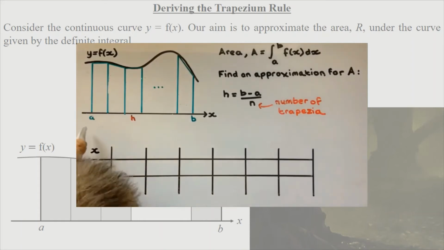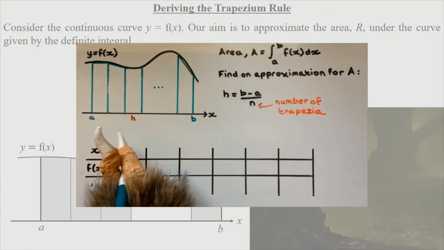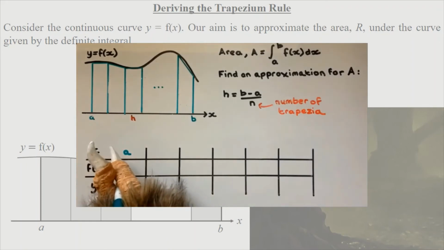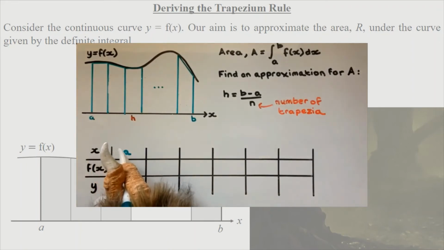Now, the first x value that we're interested in is a. Okay, this is the lower limit of our definite integral. So let's put that in our table. So a goes in here. Okay, if I substitute a into my function, obviously I'm going to get f of a, like that. And then this is going to be what we call y naught.